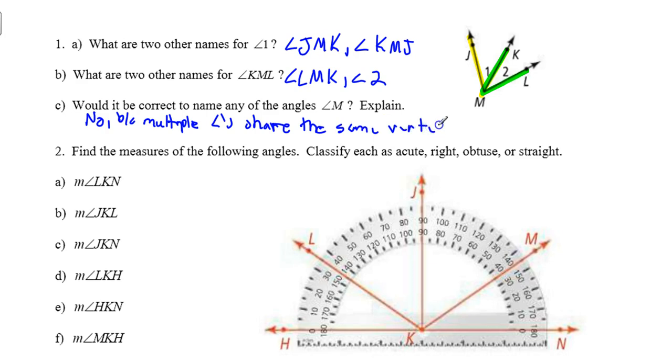Okay. Again, I apologize for this writing here, and this board is giving me some trouble. All right, so would it be correct? No, because multiple angles share the same vertex.